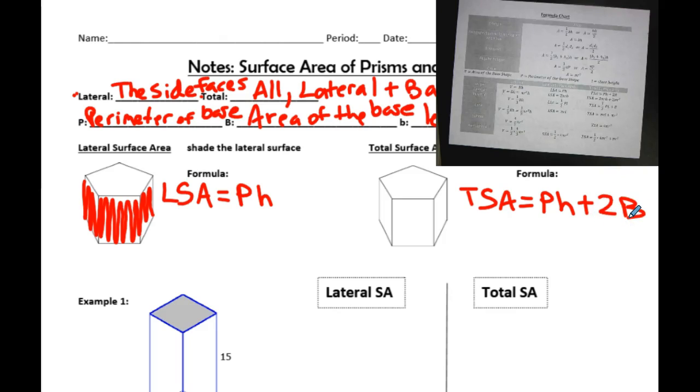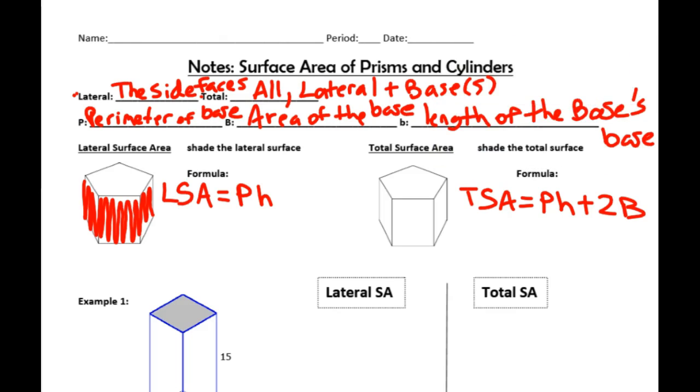Above that, it says we should shade the total surface area. So again, we have this lateral surface area, and then you're adding the 2B, the bases. You can't really see it, but that's underneath. So all of it's total, sides is lateral.